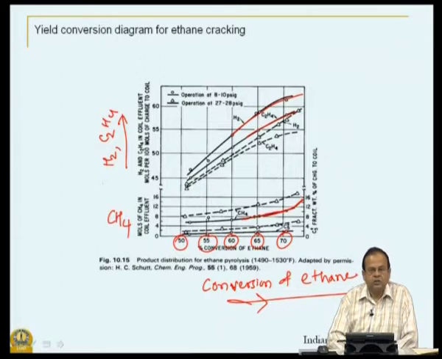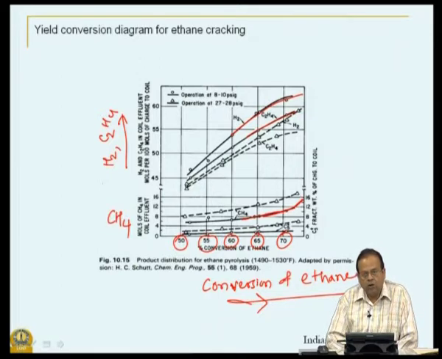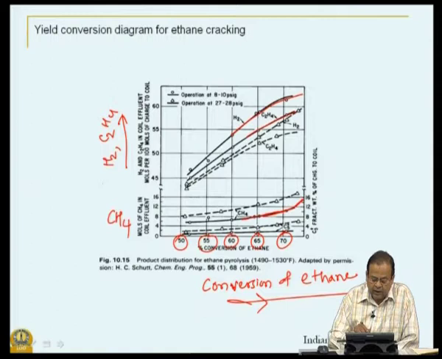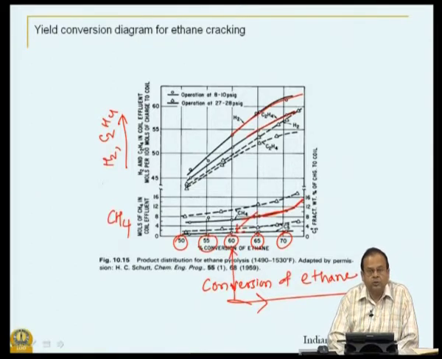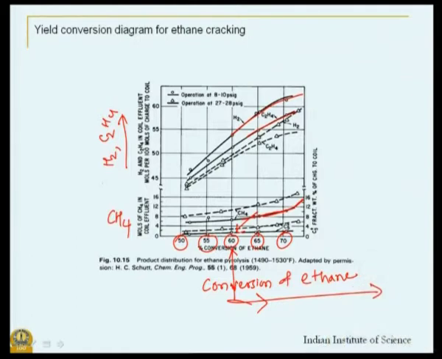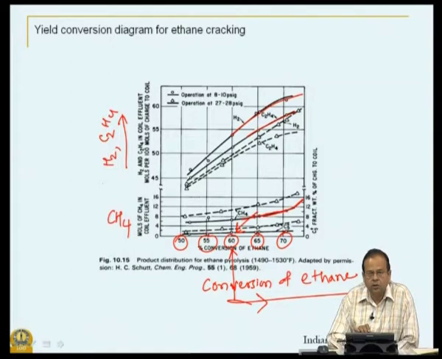What it implies is that you do not want high quantities of methane, so you have to stop this reaction at around 60% conversion, even though you have the possibility of converting 100% of the ethane.